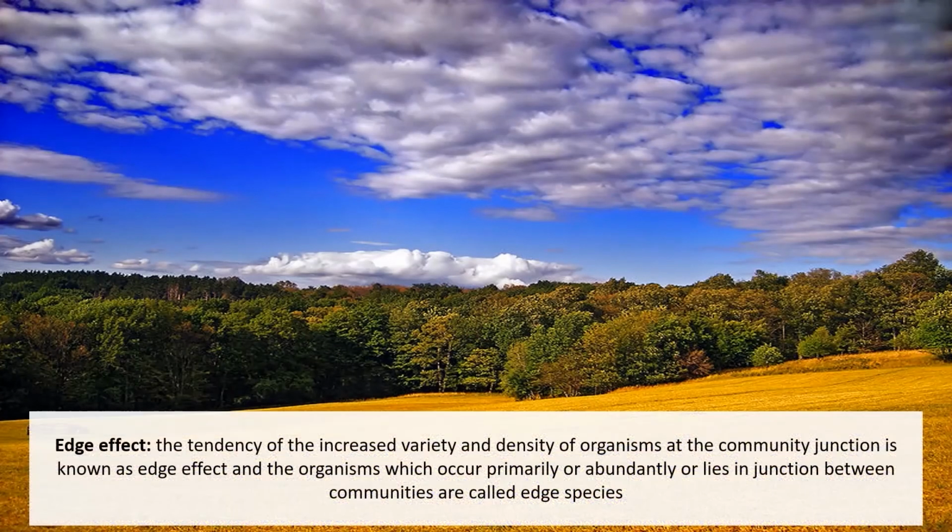The edge effect is the tendency of increased variety and density of organisms at the community junction. The organisms which occur primarily or abundantly in the junction between these communities are called the edge species.